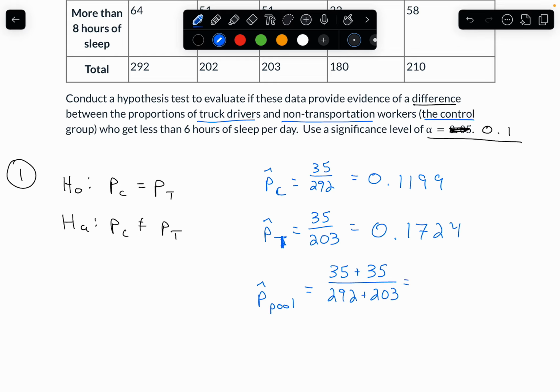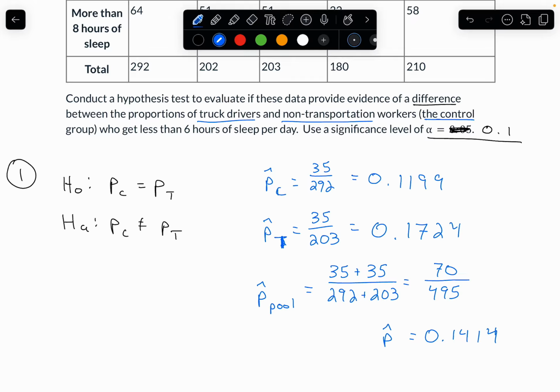My numerator should be 70, and my denominator, 292 plus 203, is 495. Dividing 70 by 495, I end up with 0.14 repeating, so 0.1414. There is our P hat pooled, or simply P hat.